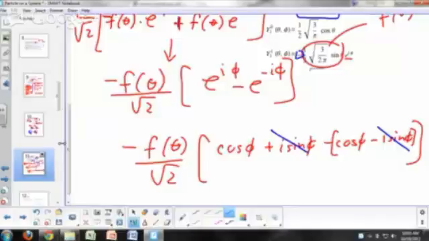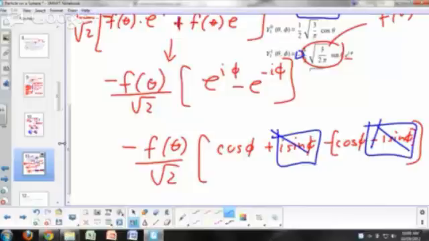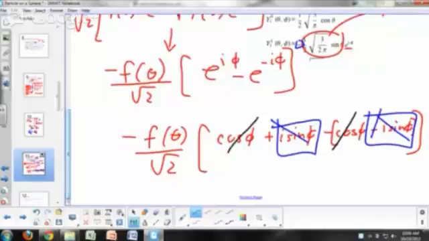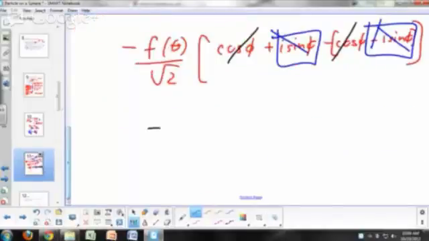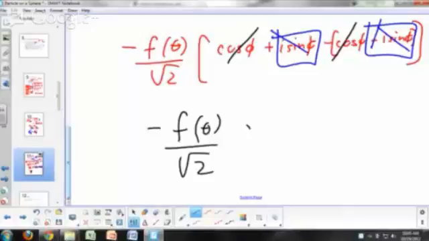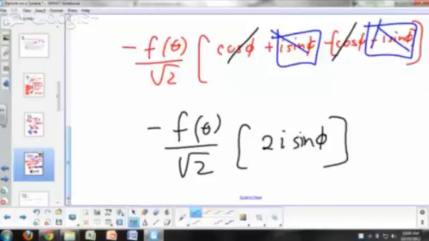It's the cosine that cancels, so this will stay. That becomes 2i sine phi. So that gives me negative f of theta over square root of 2 times 2i sine phi. That's an imaginary function. There's an i there. I don't like that i.